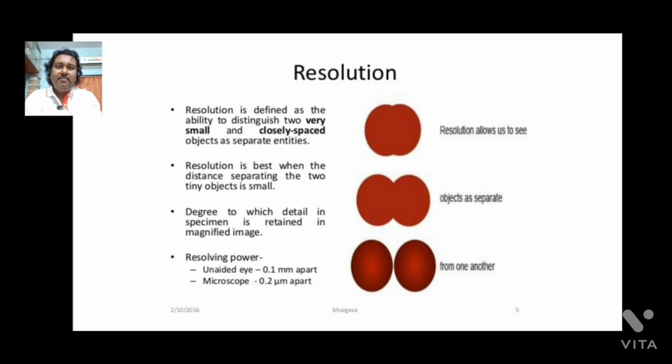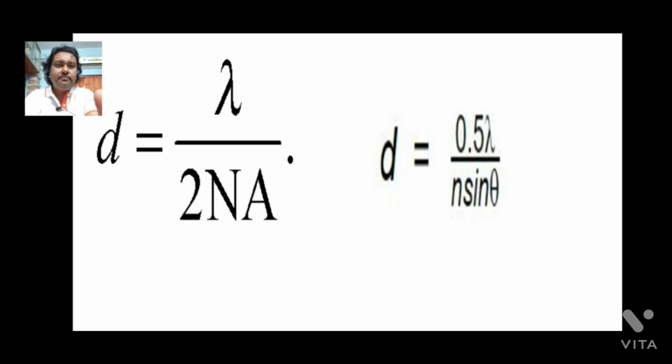The lower the wavelength of light used, the better the power of resolution, and this is defined by Abbe's equation. This is the Abbe's equation. D is the power of resolution, lambda is the wavelength of light used, divided by 2 NA.